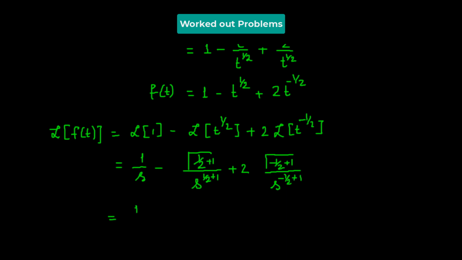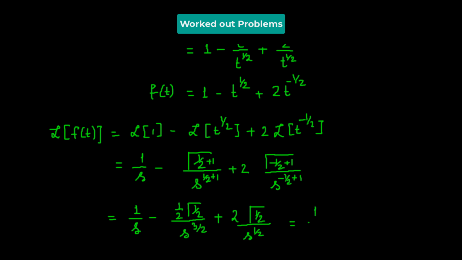Which will be equal to 1 over s minus, so gamma of half plus 1 will be half times gamma of half, divided by s raised to the power of half plus 1, which is 3 over 2, plus 2 times gamma of negative half plus 1, which will be gamma of positive half, divided by s raised to the power of positive half.